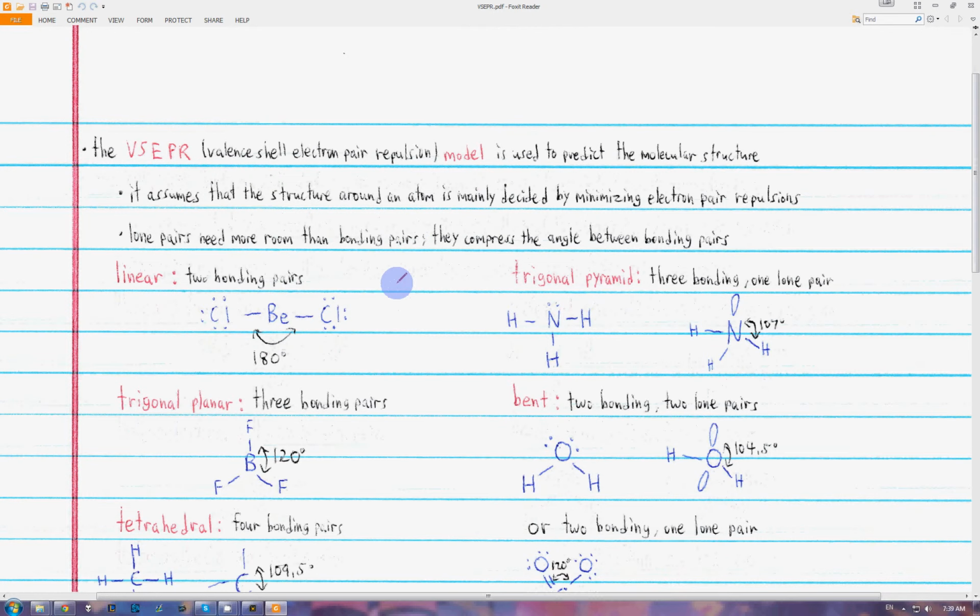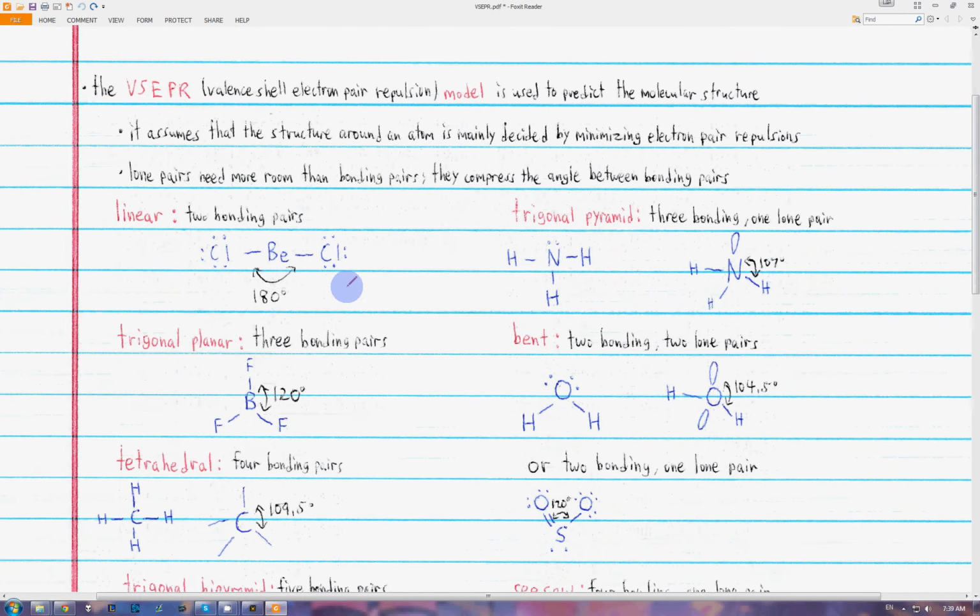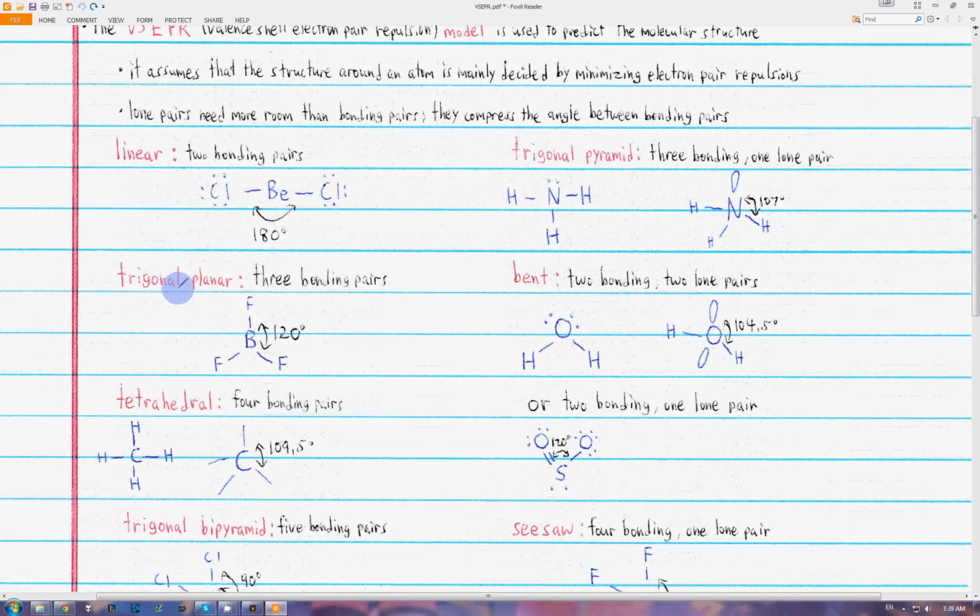So, the simplest shape is called linear, and this is just two bonding pairs, as you can see here. And so, the arrangement that will get these two bonding pairs as far apart as possible is just a 180-degree angle between them. And linear can also be between just two atoms, where you just have one bonding pair. So next we have trigonal planar, which is three bonding pairs.